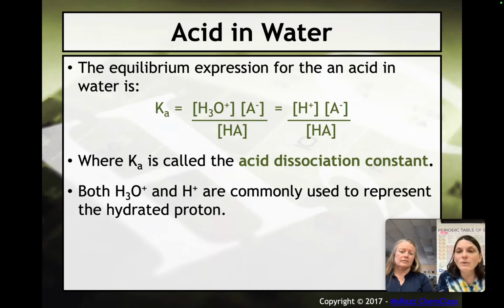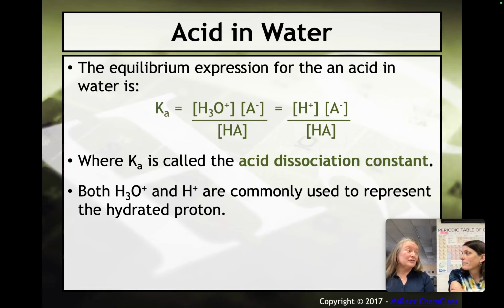Now, chemists like to use different words for the same things. A lot of times you'll see H3O plus and H plus, and either one of them represents a proton. We call H3O plus the hydronium ion. I like that name. It sounds fancy, and it makes you sound like you really know what you're doing.